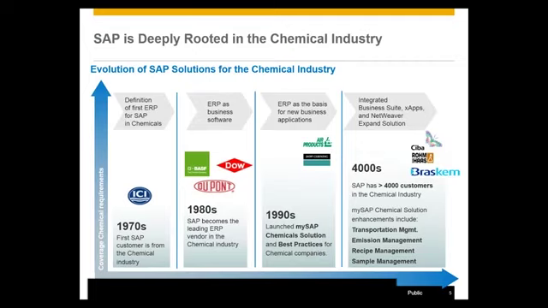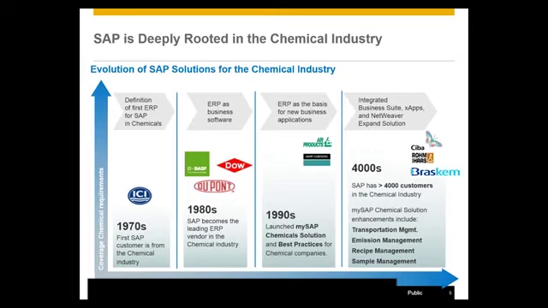We kept on changing our solutions. We kept on releasing newer and newer versions. You might be aware that we started with R1, then we moved to R2, then it was the R3 days. Then we started talking about business processes. Then we talked about a solution called mySAP.com, and eventually, with the NetWeaver adoption, we became ECC, and now today we are talking about S4 HANA.